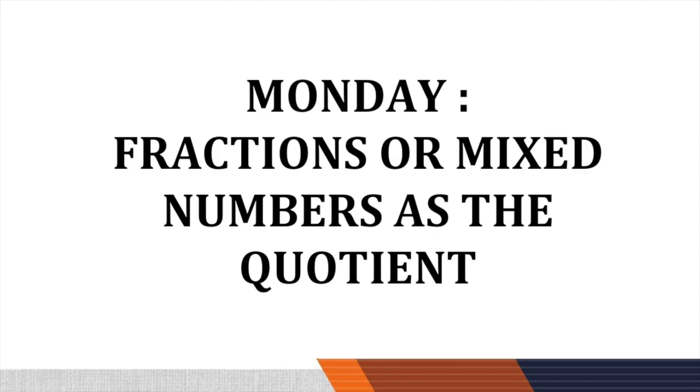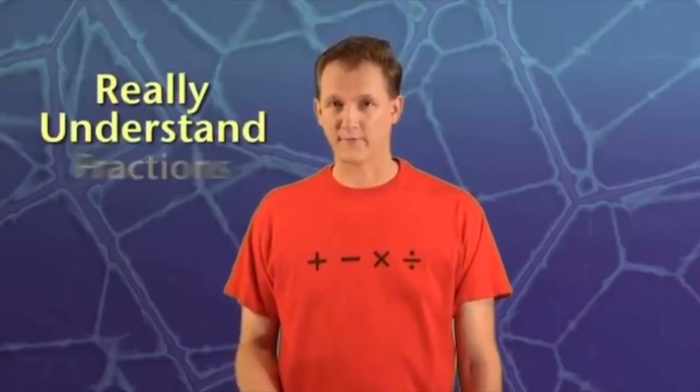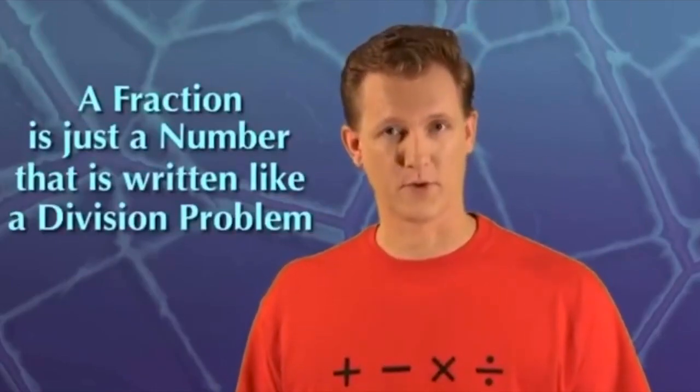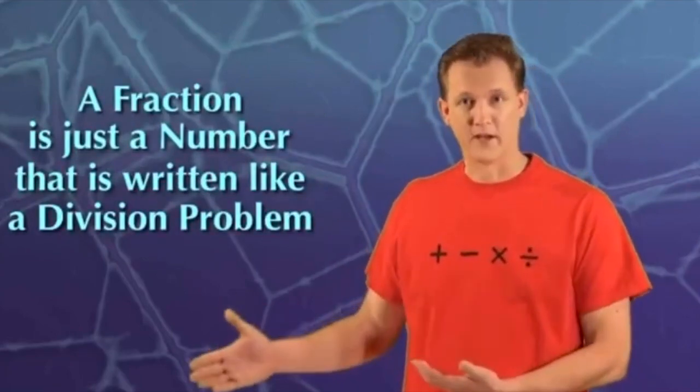All right, let's get on with the lesson. Okay, so far we've learned how fractions represent parts of things, and we've learned how to do some simple math with those parts. But if we want to really understand how fractions work, we need to start thinking about them in a new way. We need to learn what fractions really are. A fraction is just a number that's written like a division problem. You remember division, right? Where you take one number and divide it up by another number?